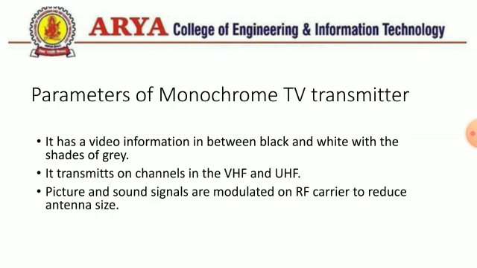Picture and sound signals are modulated over an RF carrier to reduce the size of the antenna, as the information of video and audio has low frequency. The RF carrier is used to reduce the size of the antenna. So this is all about the monochrome TV transmitter.